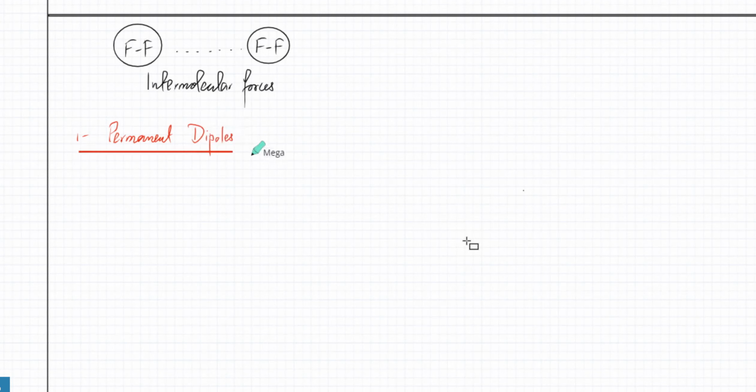going to be present. It depends on two things. First thing, what is a permanent dipole? I'm going to explain that later, but a permanent dipole depends on two things. One of them is that there should be a difference in electronegativity between the atoms in the molecule.